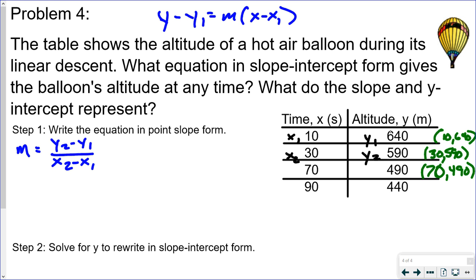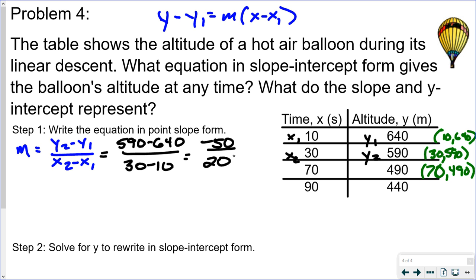So y2 minus y1, so that's going to be 590 minus 640. And then x2 minus x1, that's going to be 30 minus 10. So when I subtract these, I get negative 50 over 20, which will simplify to negative 5/2.